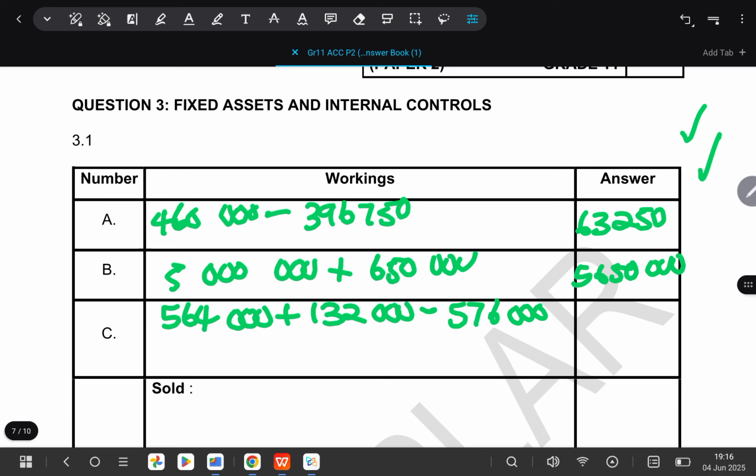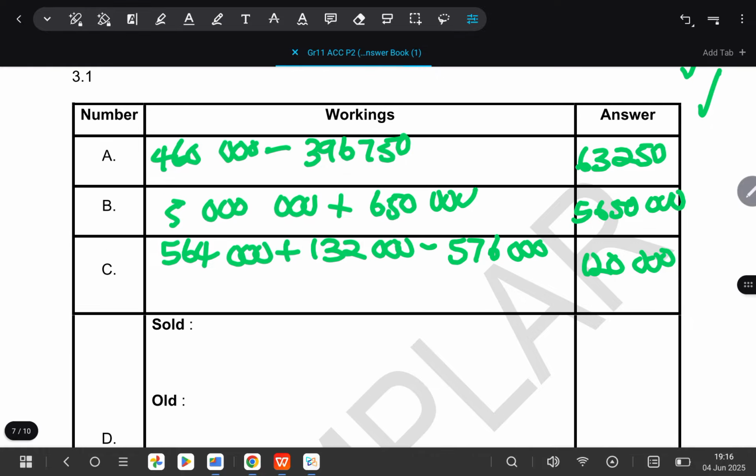So let's see how much we're going to get. You're going to say 564,000 plus 132,000, and then you subtract 576,000, and then it gives you 120,000. So it means the addition is 120,000. So you are done with that part.